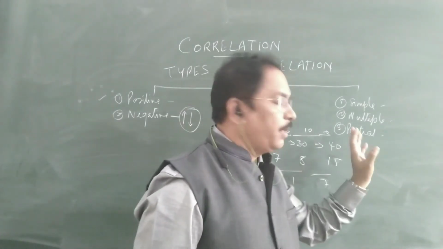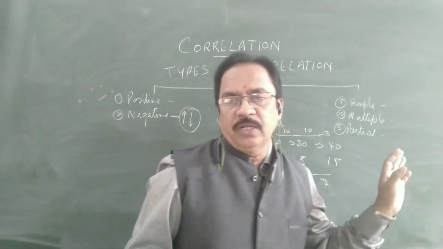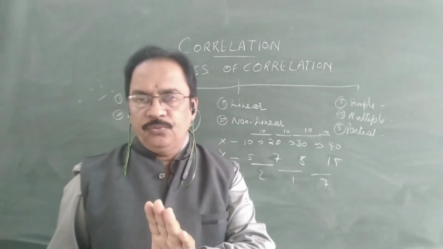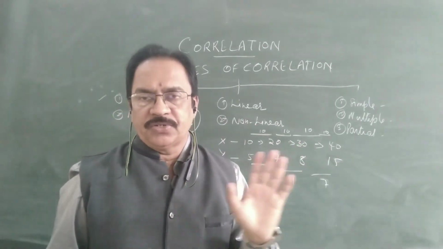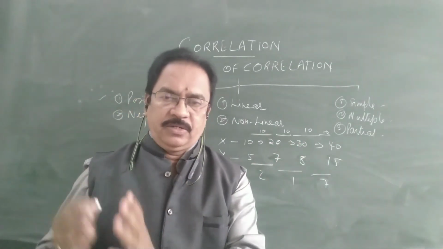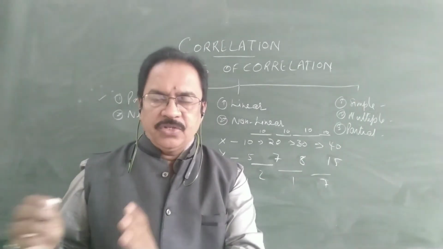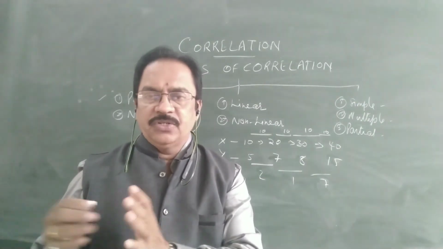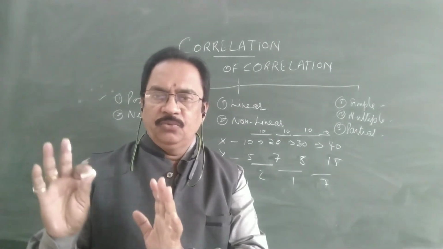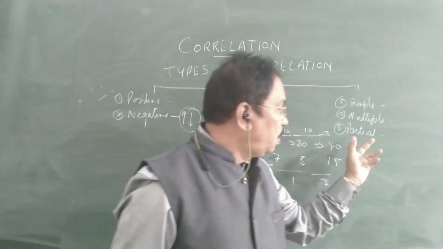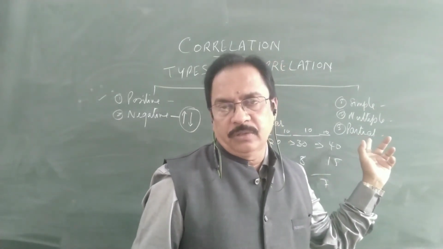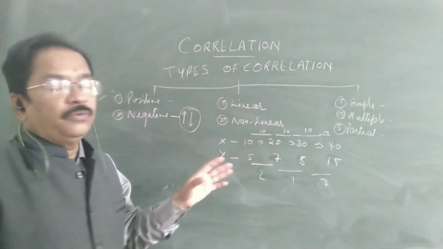So here we are studying the relationship between production of wheat and quality of seeds, keeping aside the type and quantity of fertilizers and other things. That is called partial correlation. So these are the different types of correlations.